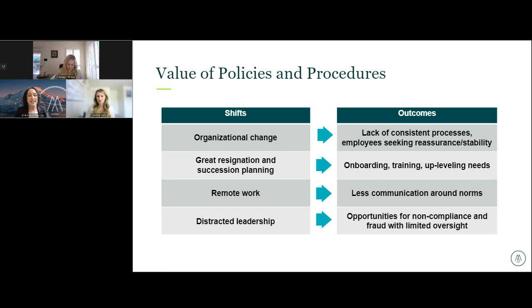So thinking about this value, in the last 4 years, we're grouping 4 different areas here where we've seen really significant shifts in many of our clients. The first is general organizational change. For some folks, there's had to be a complete shift in the service model, how you're providing services. Some organizations have had to shift strategy to figure out, okay, the needs that we're trying to fulfill here have changed.